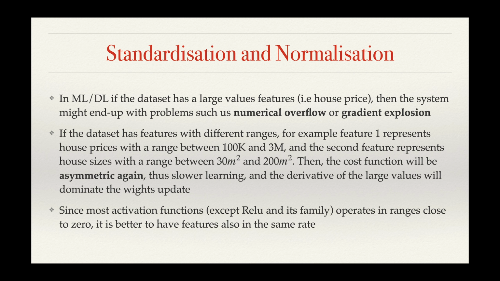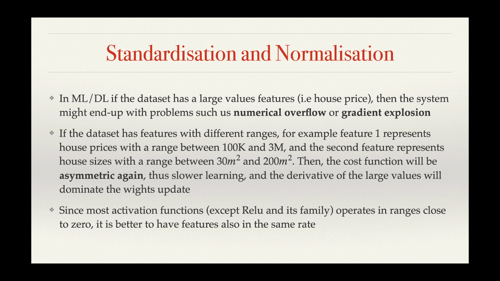For example, if feature 1 represents the house price, which is between 100K and 3 million, and the second feature represents the house size, which is a range between 30 square meters and 200 square meters, these have different ranges.